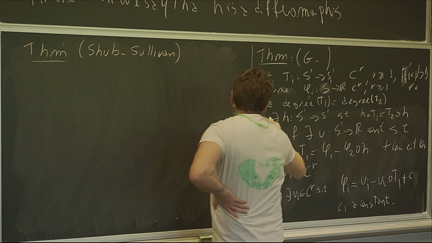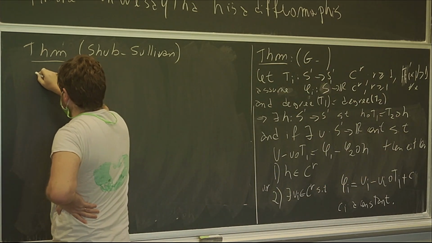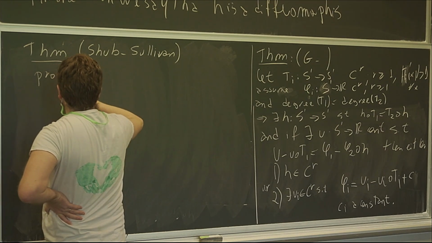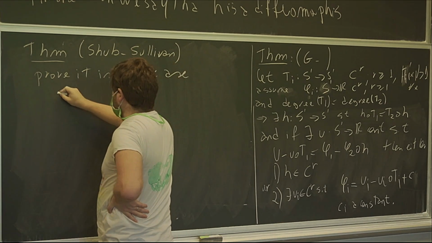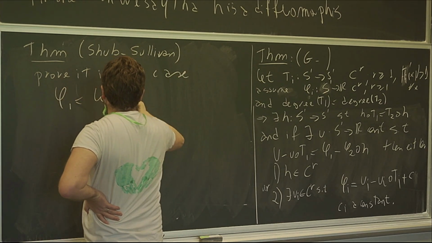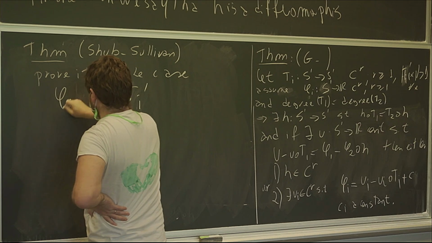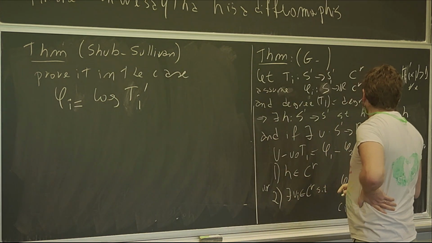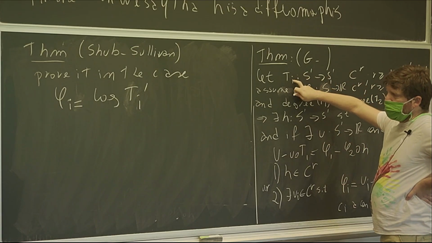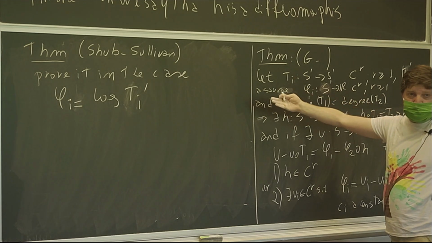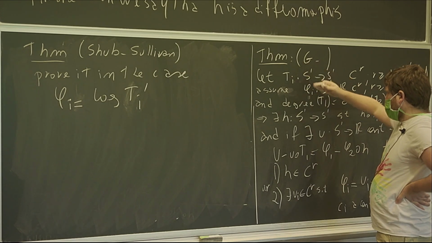Actually, they prove more and less, so the setting was slightly different, but essentially the phi i's were log of Ti prime. You would need the Ti's to be C2 in order that these phi i's be at least C1. They can do it in a situation which is just C1 plus Hölder.